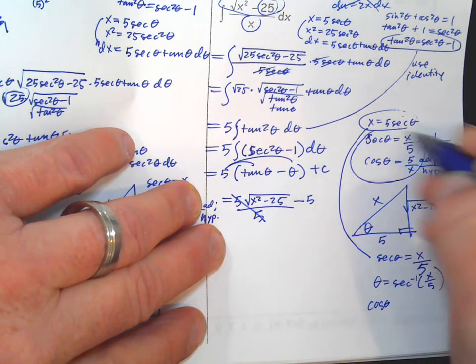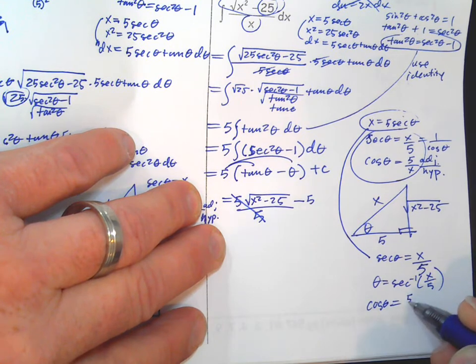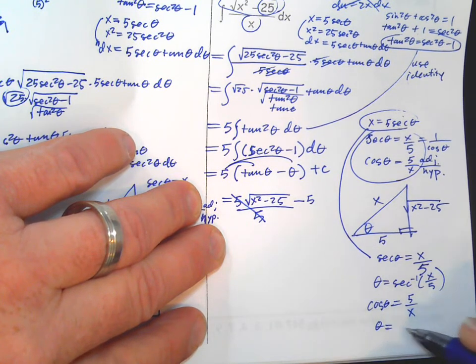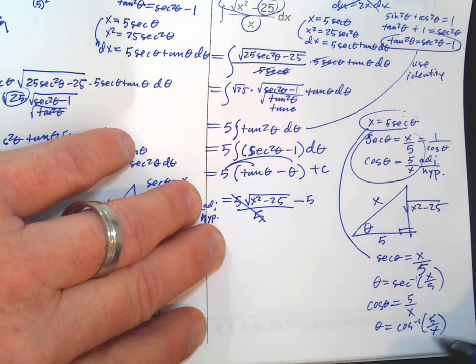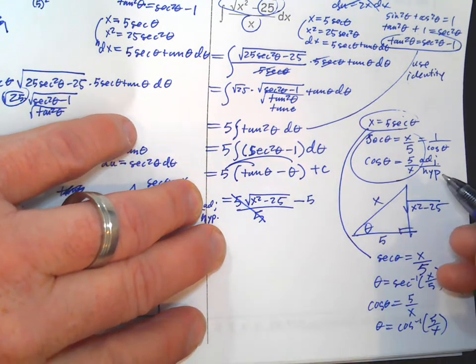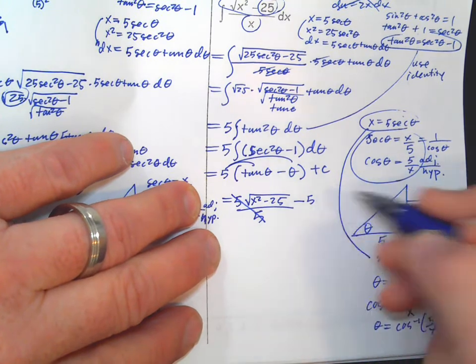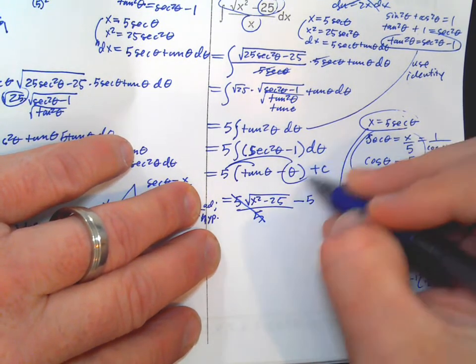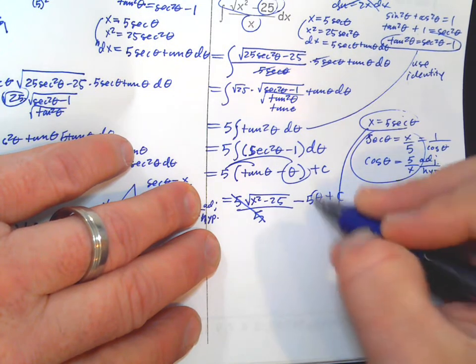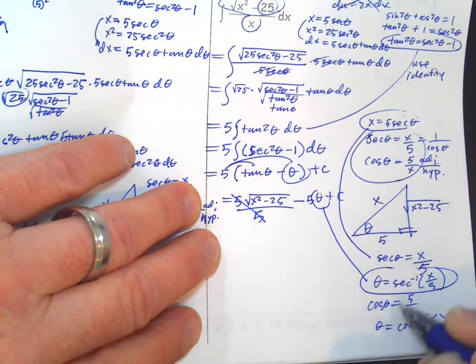Right here we wrote cosine theta equals 5 over x, so you could do theta equals inverse cosine of 5 over x. One of these is going to get plugged in there to your answer, right here for theta. So either this or this.